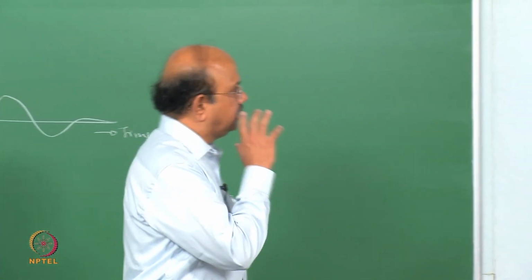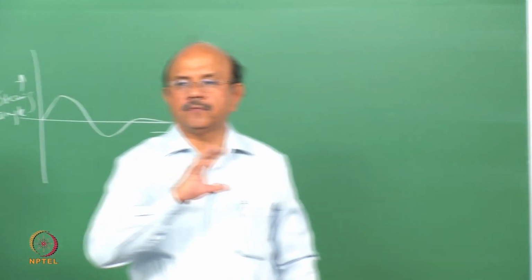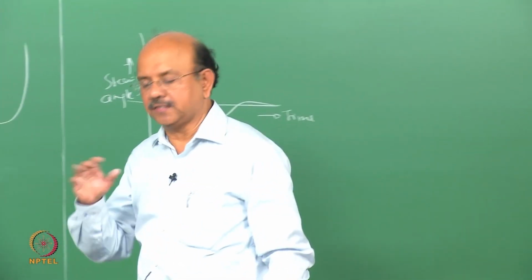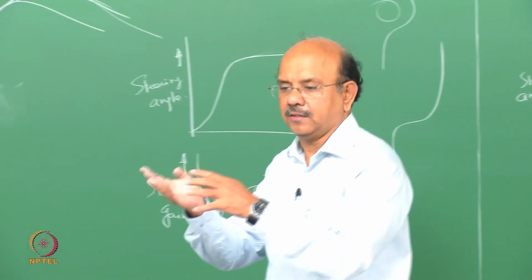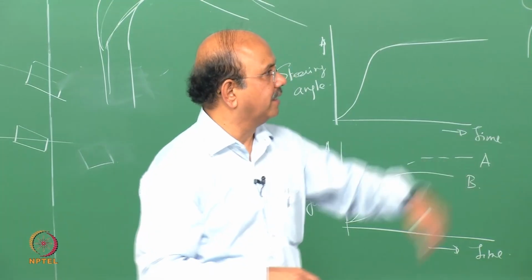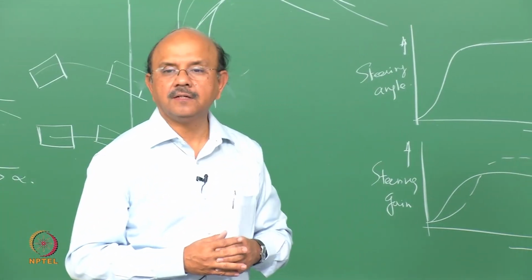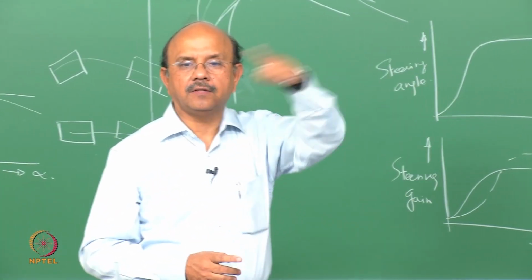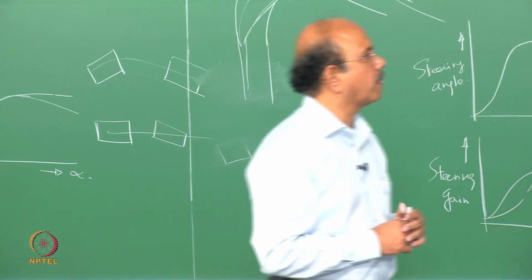Then they did a step steer test, a J-turn test. They give a steering input and hold the steering. Then they did an impulse test, and then a skidpad. They went around and so on.